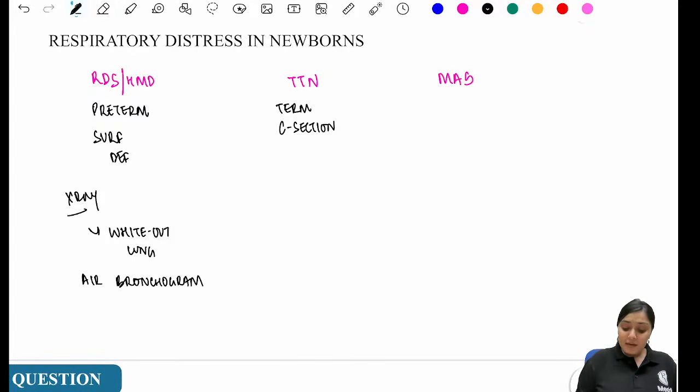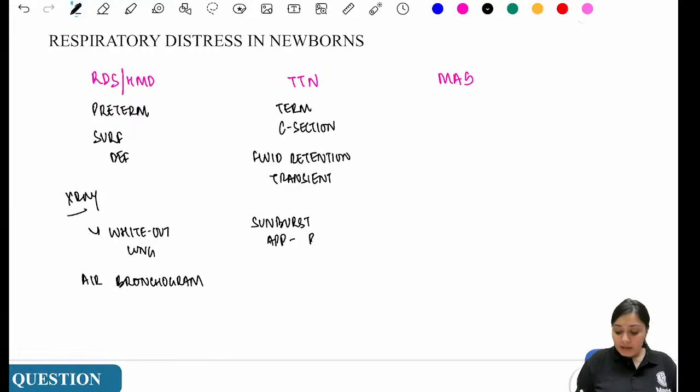So here there is just fluid retention in the lungs and a very transient condition, right? Transient. What is the X-ray feature that you see here? You see sunburst appearance, that is perihilar streaking, and you see fluid accumulation in the horizontal fissure.